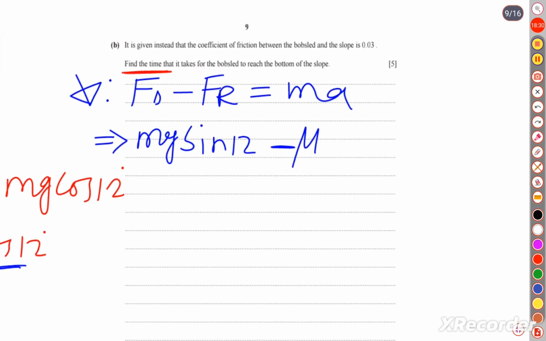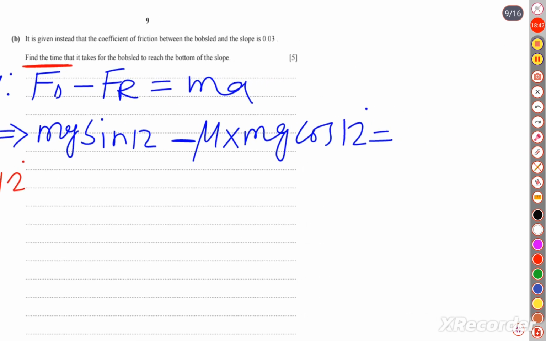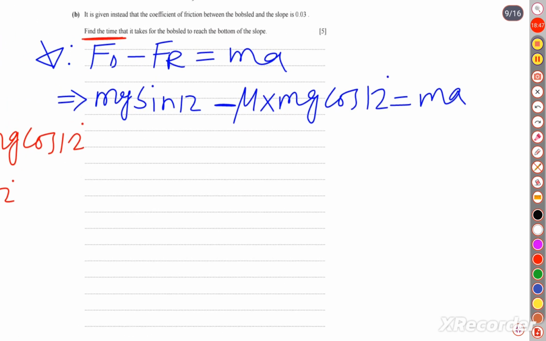So mg sine 12 minus mu mg cos 12 degrees equals mass into acceleration, ma.